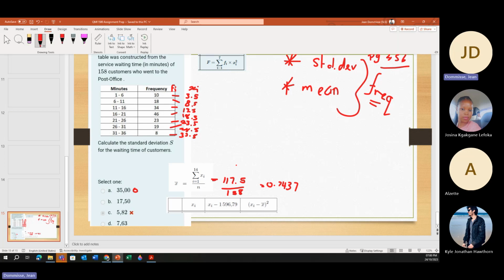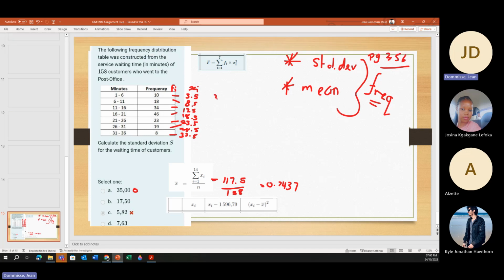If you did get something like this, just let me know. So if these numbers are right, this is what you should be doing. For this one, then you need to do it for all of them, and that sum will be your variance, and then you need to square root. Okay, so I will also check that.